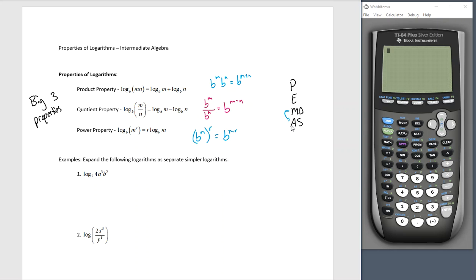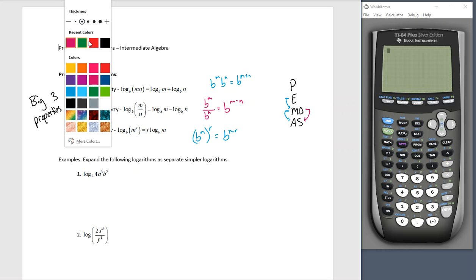It's just a step down on the order of operations. If you're dividing two things with the same base, you step down into subtraction. So, okay, that makes sense. They're lined up over each other. The power property: if you have an exponent raised to an exponent, you multiply. So everything's just one step down on our order of operations.